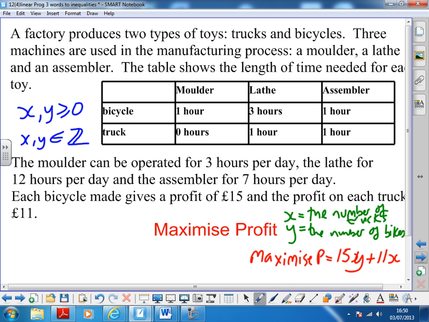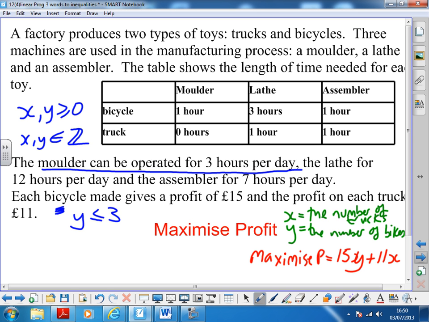So if we make y bikes, we would need y hours in the moulder. It says here that we can only operate it for 3 hours per day. So that means we can only make 3 bikes. So we've got the constraint y less than or equal to 3.